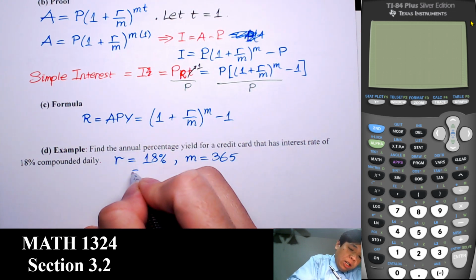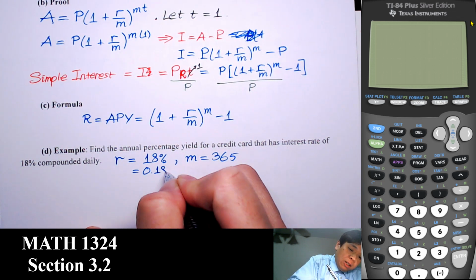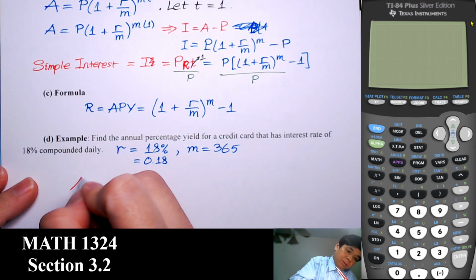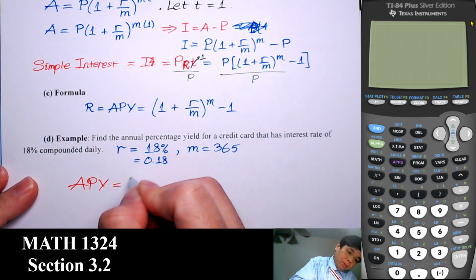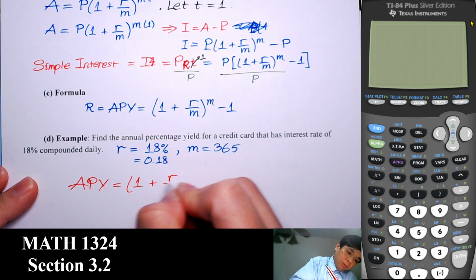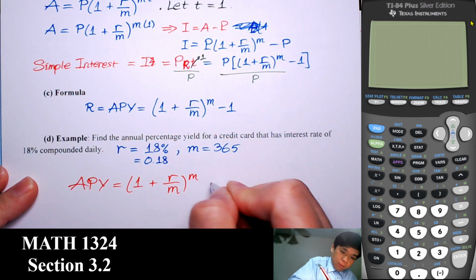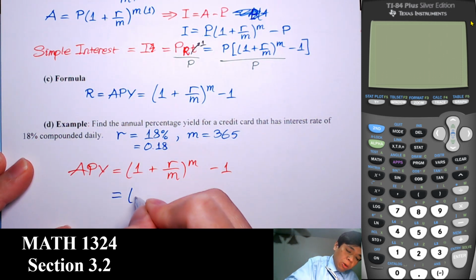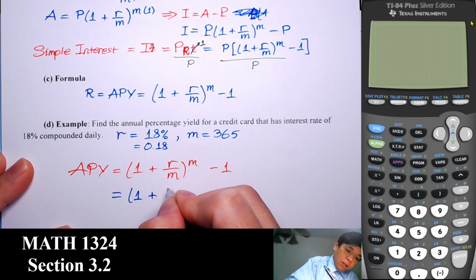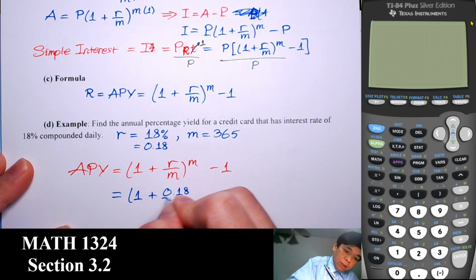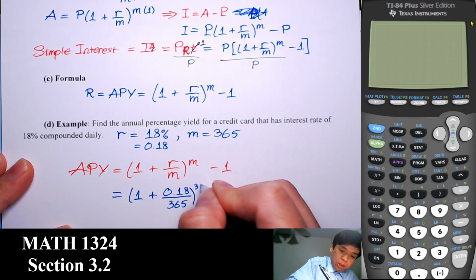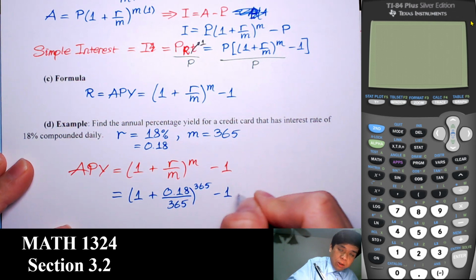Of course, the R here should be written as a decimal, so the APY is 1 plus 0.18 over 365, to the 365, minus 1.